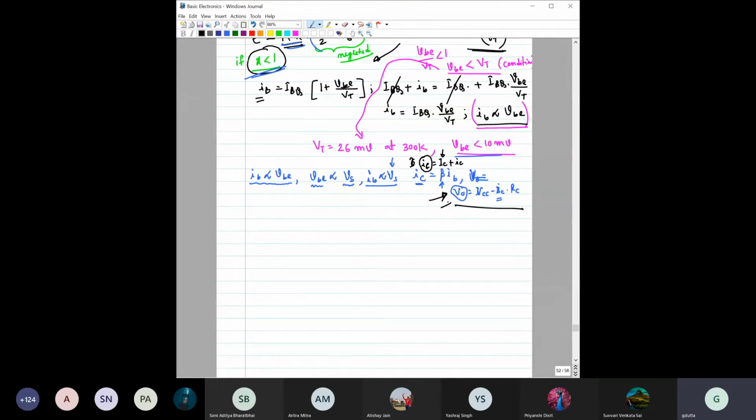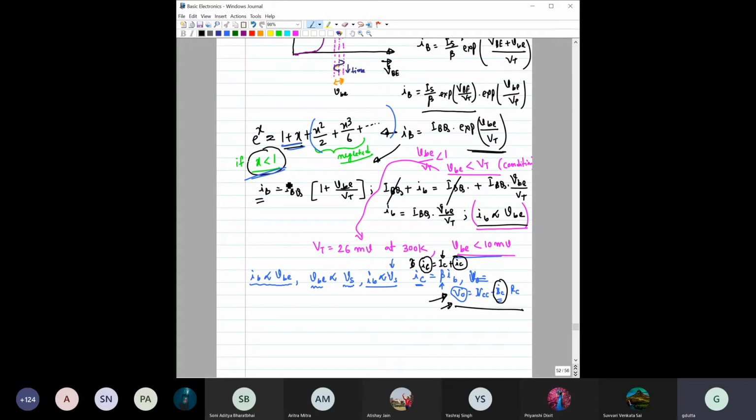So that way this output voltage would also be proportional to this instantaneous IC, and this IC is again proportional to the small ic, right? Okay. So far we have neglected this part. Now let us also consider what would have happened if we had considered this part, meaning if this x is not less than 1.